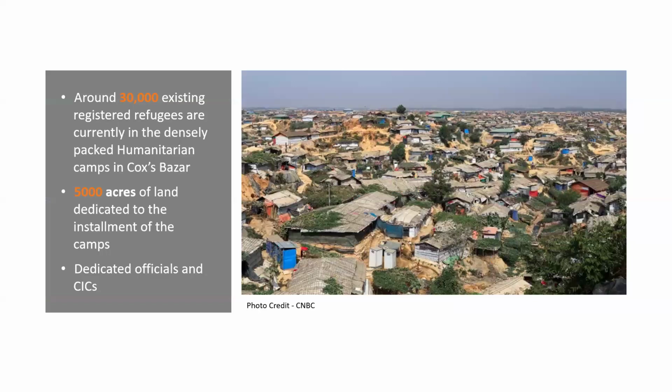When this influx brought such a huge population into Cox's Bazar, the government immediately allocated around 5,000 acres of land and deployed dedicated senior government officials to manage the humanitarian response. You can see from the picture how cramped these camps are.